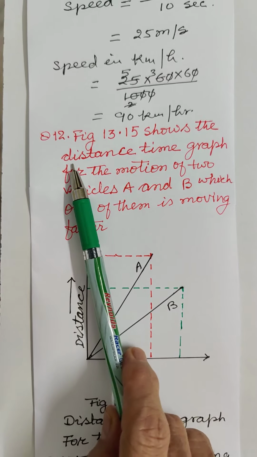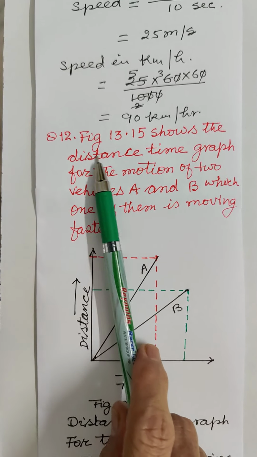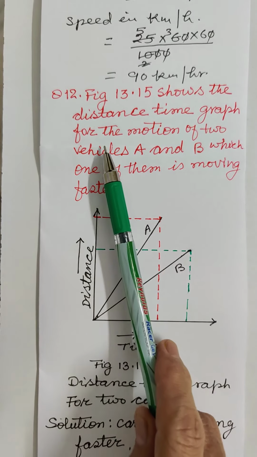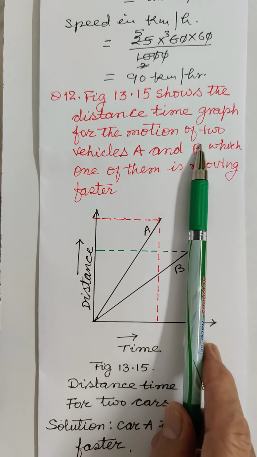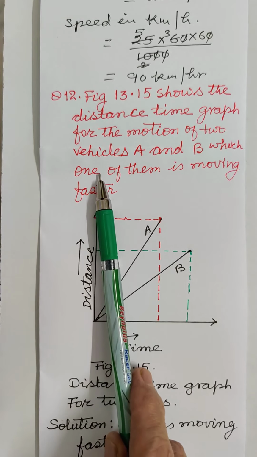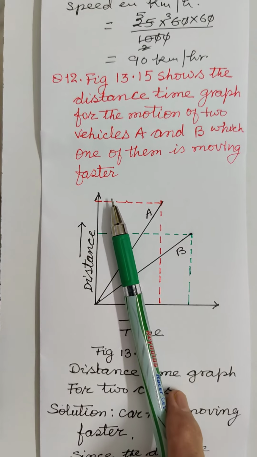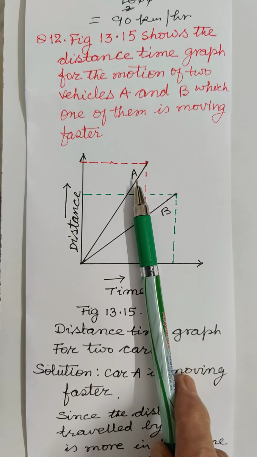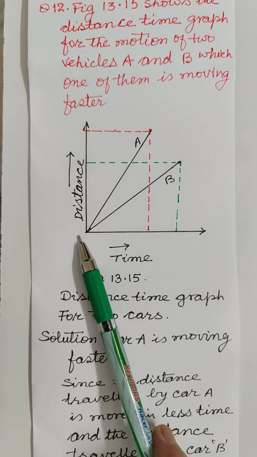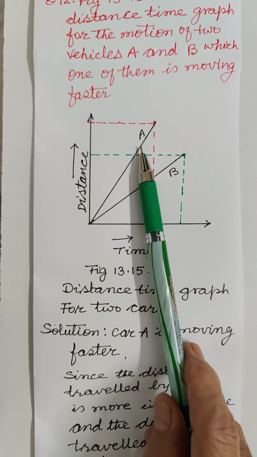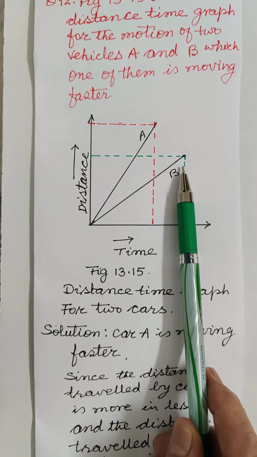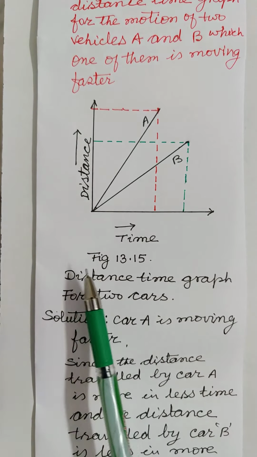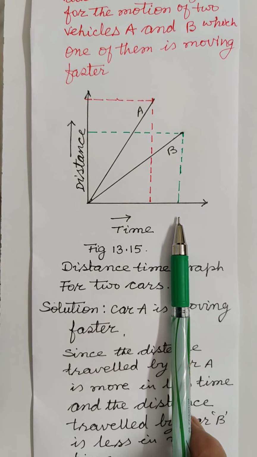Now question number 12. Figure 13.15 shows the distance time graph for the motion of two vehicles A and B. Which one of them is moving faster? So graphs of two vehicles A and B are given. This is distance on the y-axis and this is time on the x-axis.